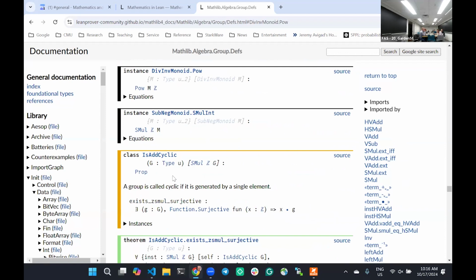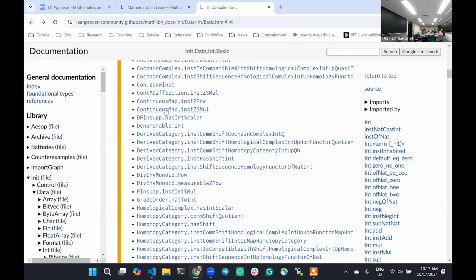It says that if M is a monoid with a division on it, then maybe M is a structure that you can, this might just be a notational thing that you can write M to the N where N is any integer. I think it's probably that, so that there is an instance of a power operation, with elements of M and the integers.